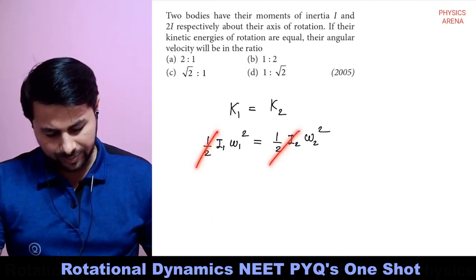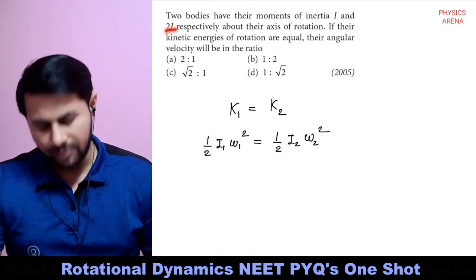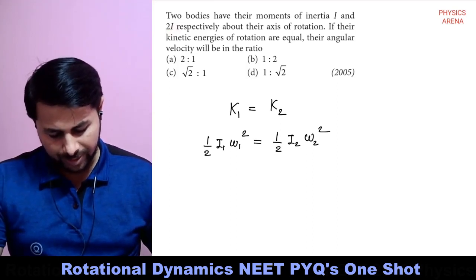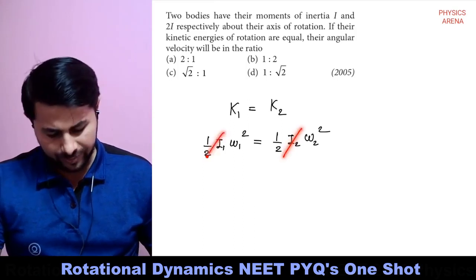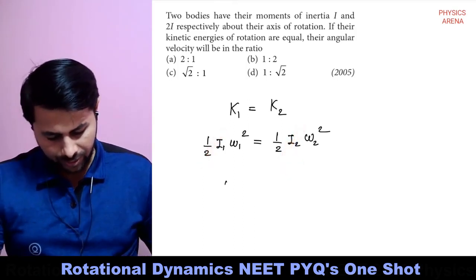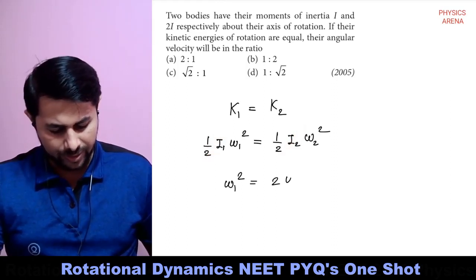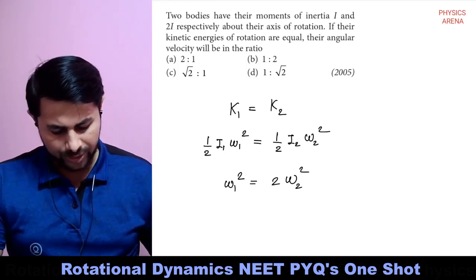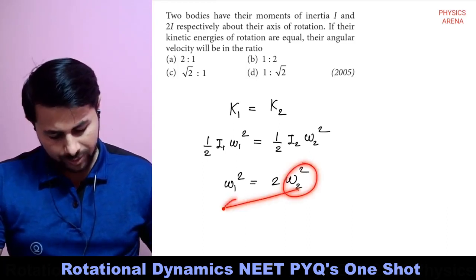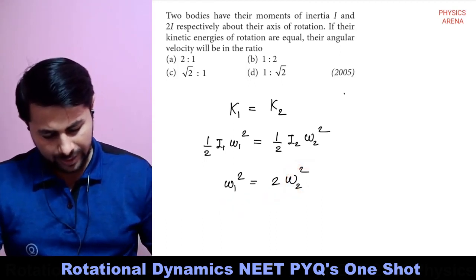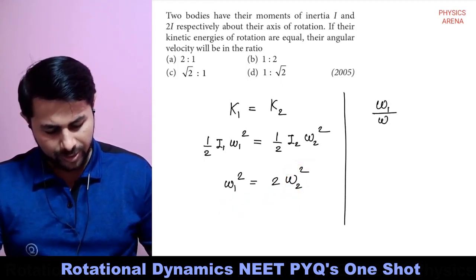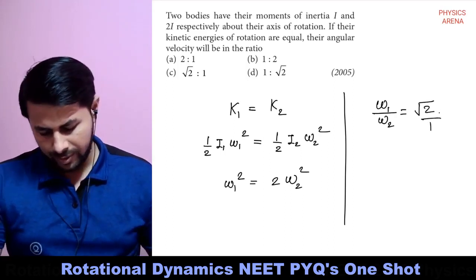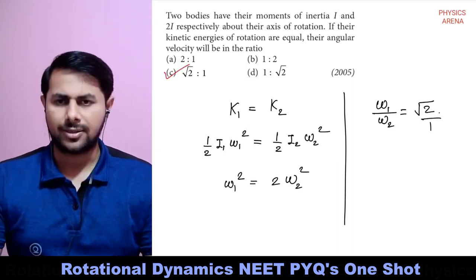Half will get cancelled, and it's given that I2 is equal to 2 times I1. So you can divide this by I1, and 2 will remain there. So omega 1 square is equal to 2 times omega 2 square. And you want the ratio of omega 1 to omega 2. So take omega 2 on the left hand side and take square root. So omega 1 upon omega 2 will be square root of 2 is to 1. Okay, so option C is the answer.